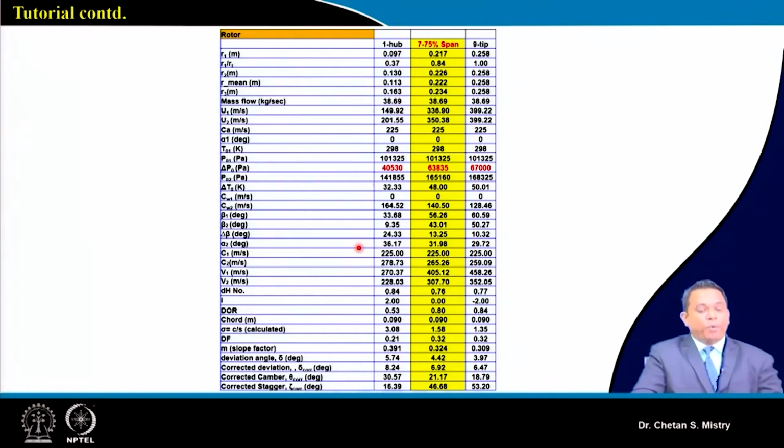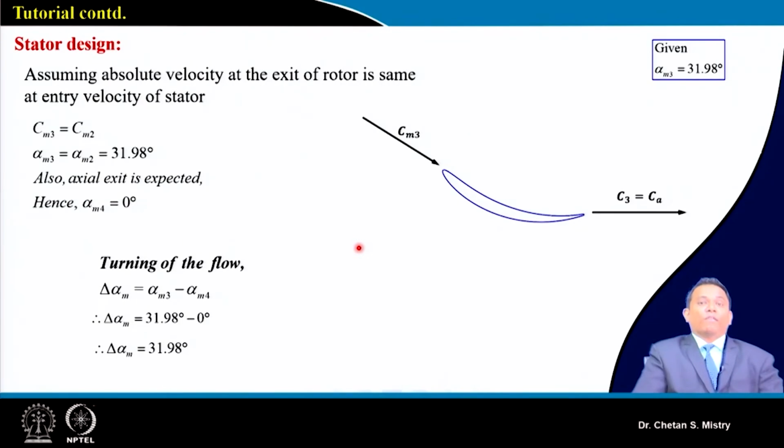Now let me put the point here. After doing this design, we will look at the design for the stator. For the stator design at the mid station, we assume that the absolute velocity at the exit of the rotor is equal to the absolute velocity at the entry of the stator, and here alpha 2 is equal to alpha 3, which we calculated as 31.98 degrees.